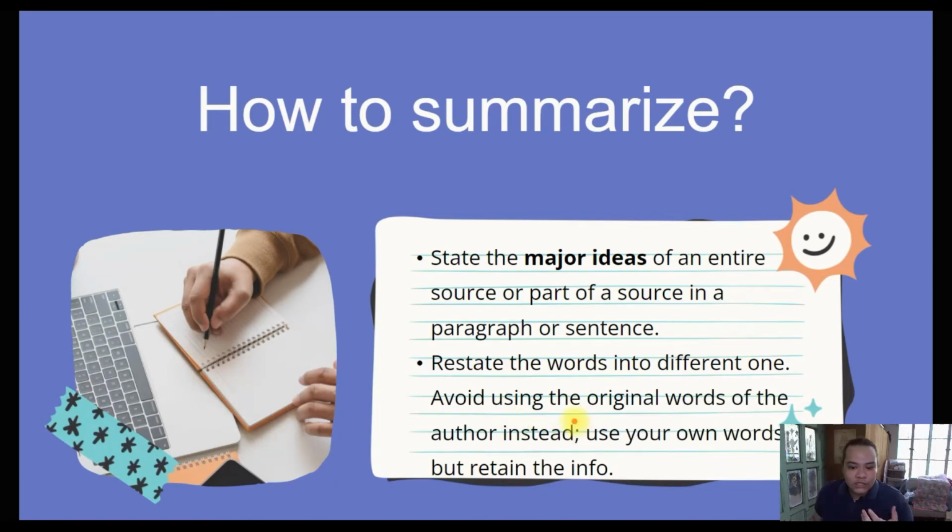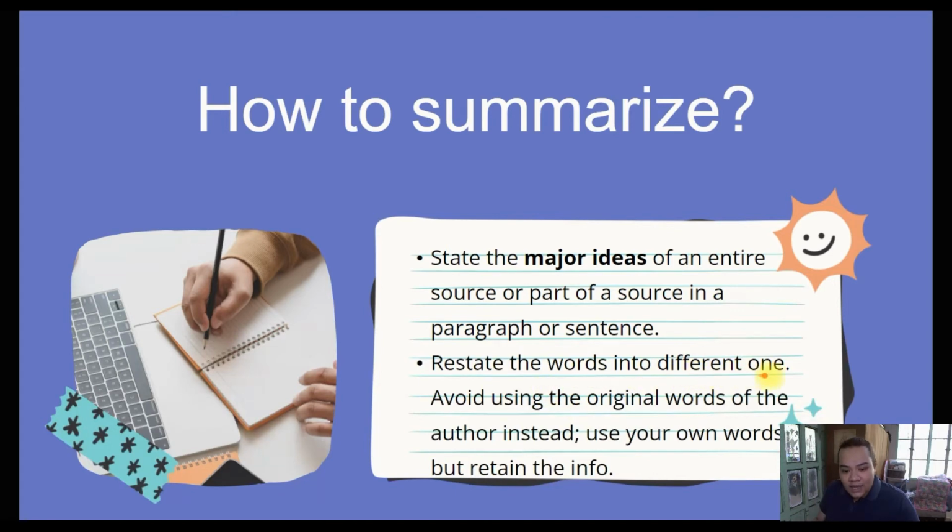You're not just giving them word for word what you have read. You're also going to put it into your own words and your own understanding. Because if you summarize something according to your own understanding and your own words, it's easier for the reader to digest and understand the summary.